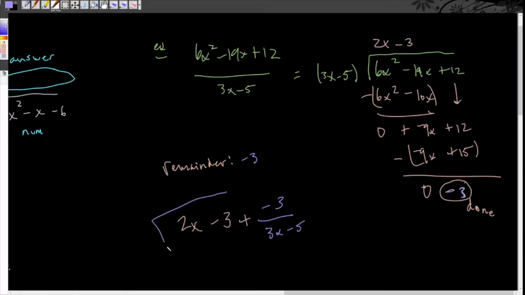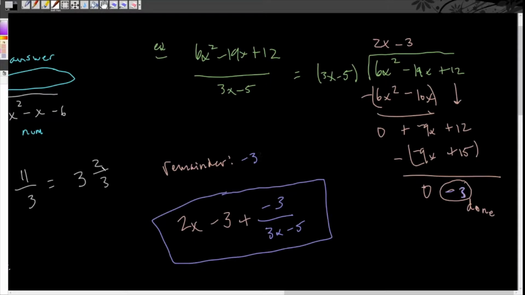And I'm going to talk about really how this works. So, what's 11 divided by 3? Well, 3 goes into 11 3 times, which would make 9. So this would be 3 2/3, right? Notice the remainder is expressed as the remainder divided by the bottom of the fraction. So our remainder was negative 3, so we say negative 3 divided by the bottom of the fraction.